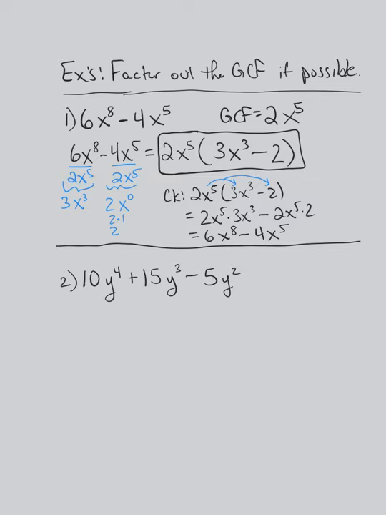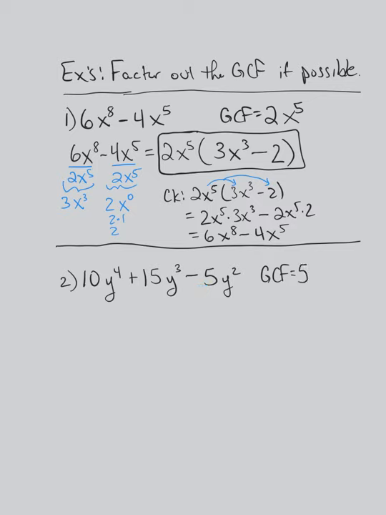The only thing is to get my GCF here, the number part needs to divide into all of the coefficients. So I need a number that divides into 10 and 15 and 5. And there is a number, it's 5, and that is the largest number that divides into all of them.